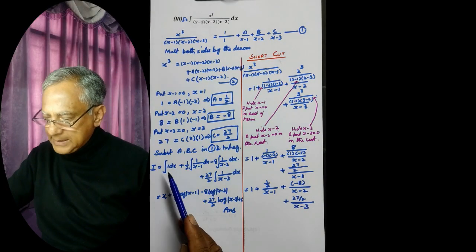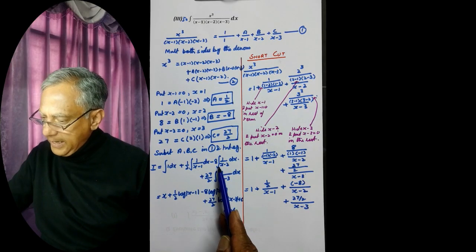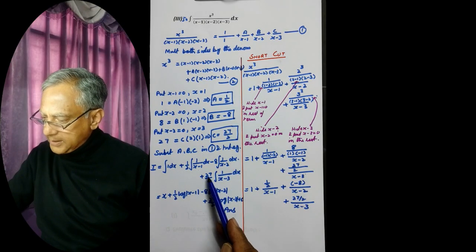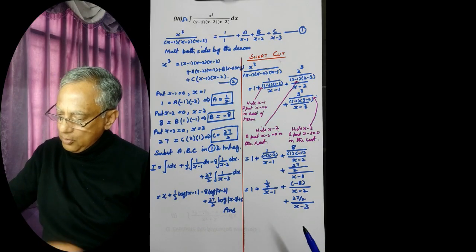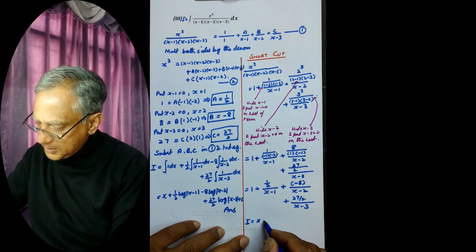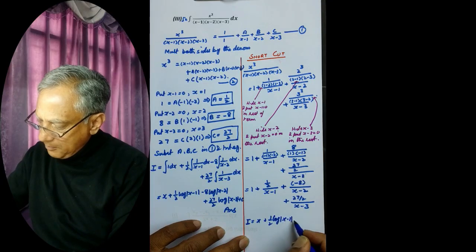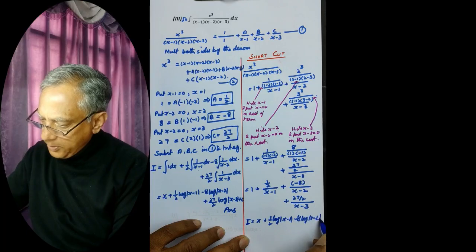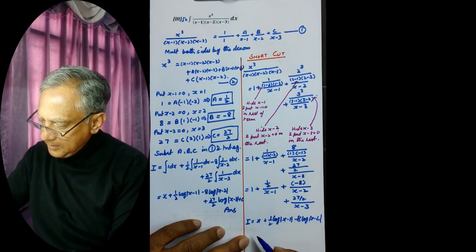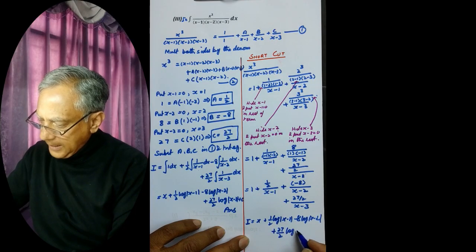On integration this gives I equal to x plus 1 by 2 log of x minus 1 minus 8 log of x minus 2, plus 27 by 2 log of x minus 3 plus c.